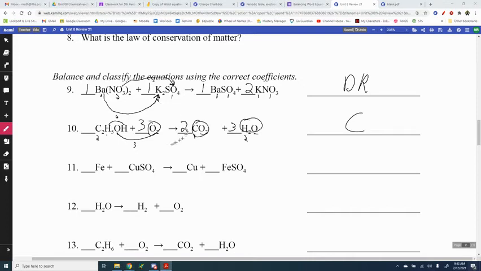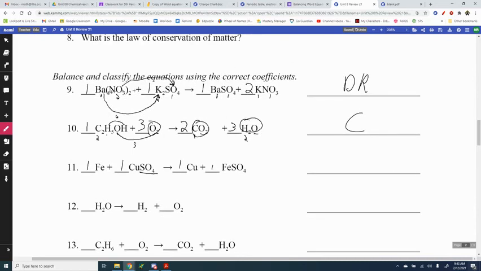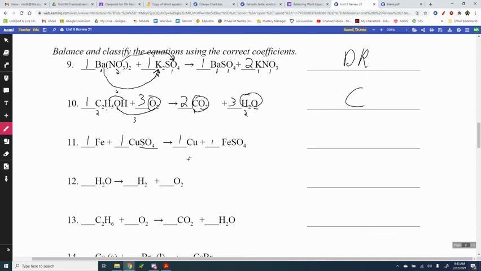All right, next one. Next one's super easy. We have 1 Fe, 1 Fe, 1 Cu, 1 Cu, 1 SO4, 1 SO4. So it is already balanced. So we can just put ones on all of those. Oh, and I forgot to put a 1 up here. Okay, cool. And also, when we have polyatomic ions, as long as the polyatomic ions stay the same on both sides, you can treat them as one thing.